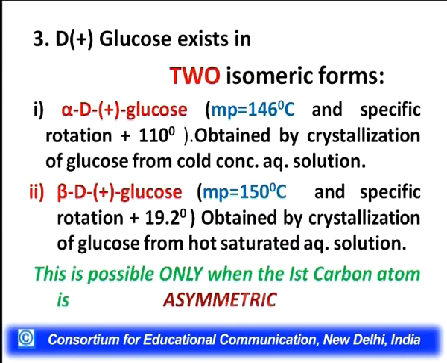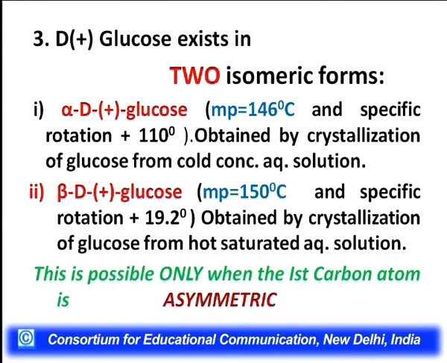As I have said, the open chain structure exists in a very small amount, and that also in solution, and it has a tendency to form a cyclic structure. When we talk of the crystalline structure of glucose, we are talking of the cyclic structure, that is, the hemiacetal structure.